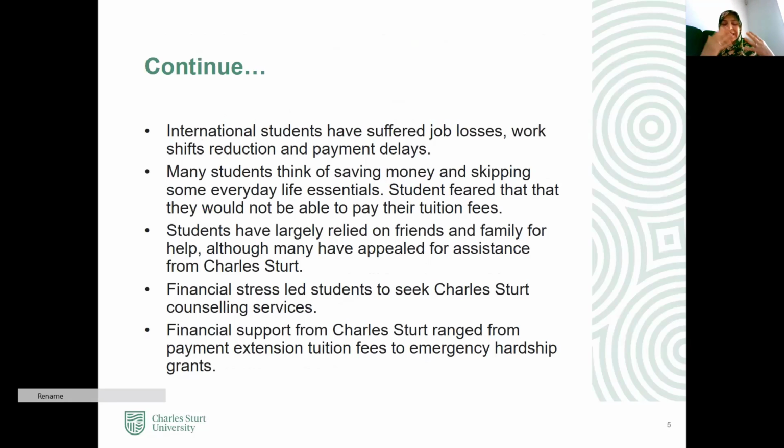So all of these things were affecting their mental health, to be honest. Students relied on their families to help them, and even families back home were affected by the financial crisis.